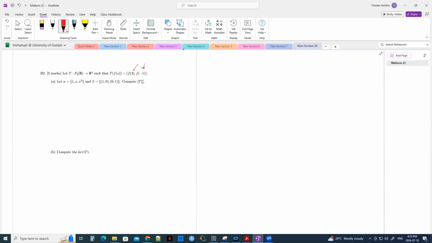So now we're going to take this linear transformation, which looks a little bit confusing, and we're going to turn it into T alpha beta, because we like using T alpha beta. So what we're going to look at is what does T do to 1?